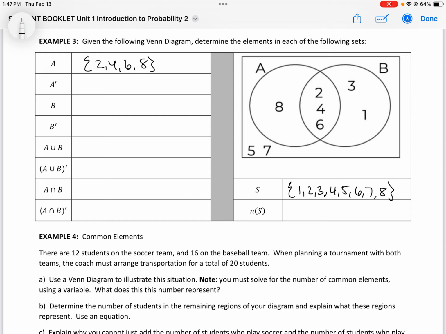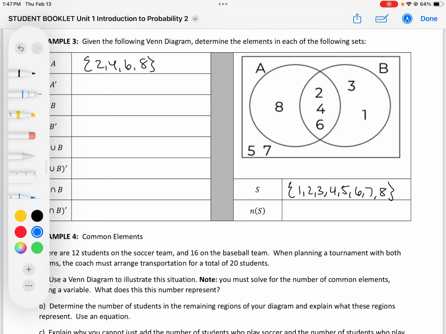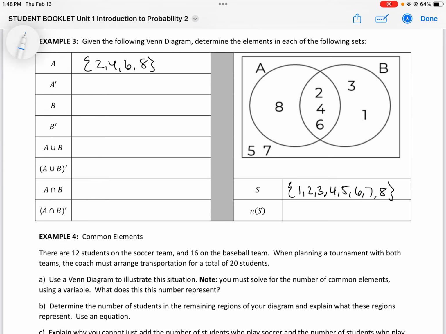So everything not in A, we can do this visually, or we can go to the universal set and say, okay, in A we have 2, 4, 6, and 8, and we can list all of the numbers that are not 2, 4, 6, and 8. So 1, 3, 5, 7.